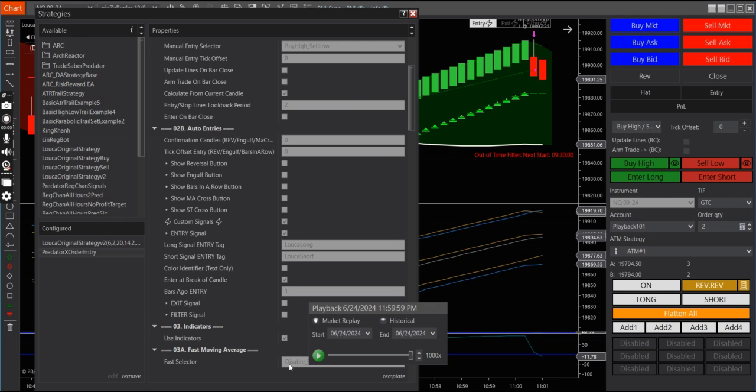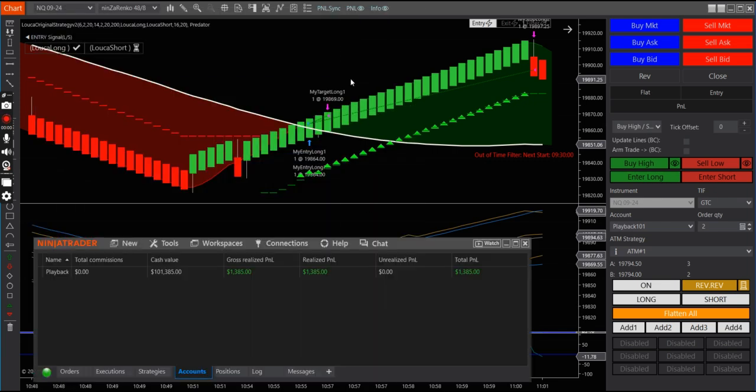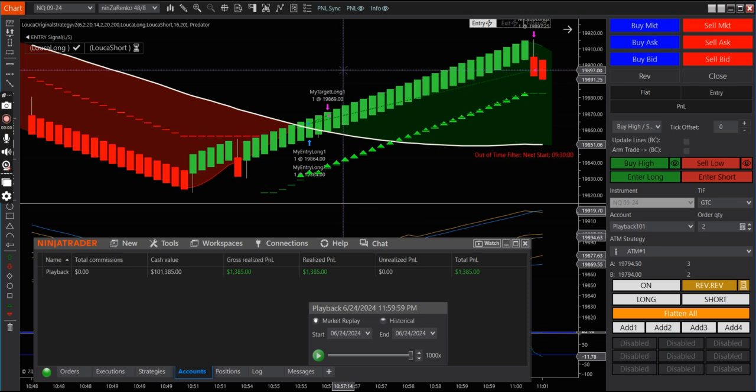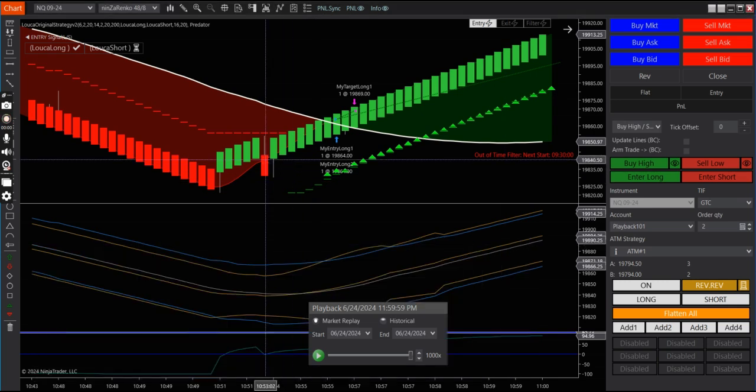Let me close that. What happened before, let me just show you the trades. Let me minimize this really quickly. The strategy starts at 9:30, ends at 11 o'clock, then resumes at 1 o'clock and ends at 4 o'clock, so I have a 1 hour gap between 12 and 1.